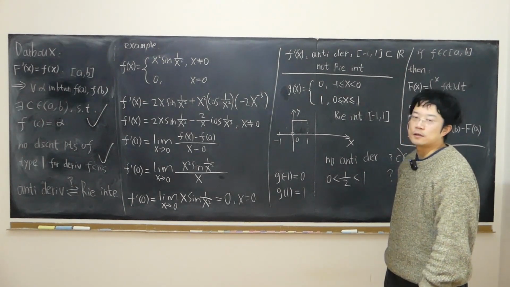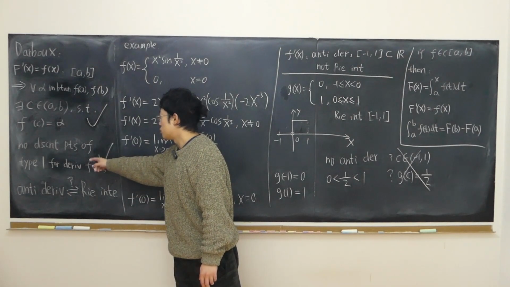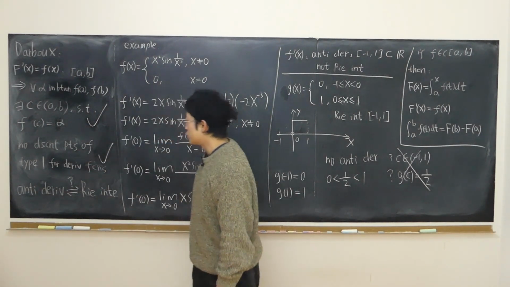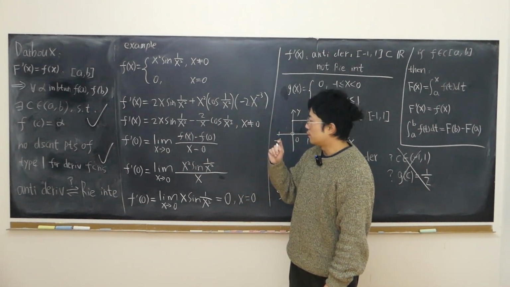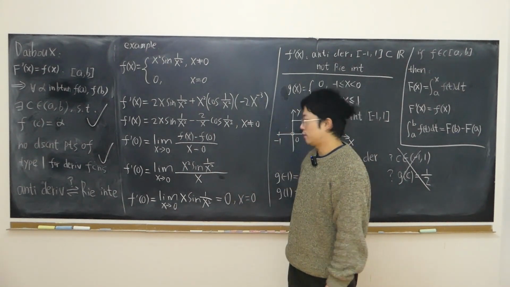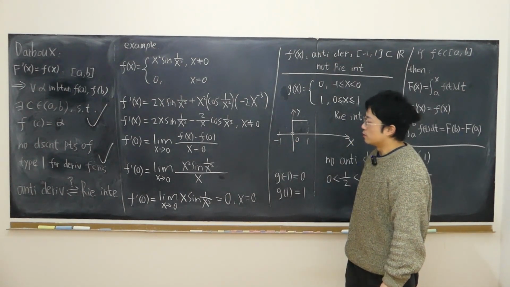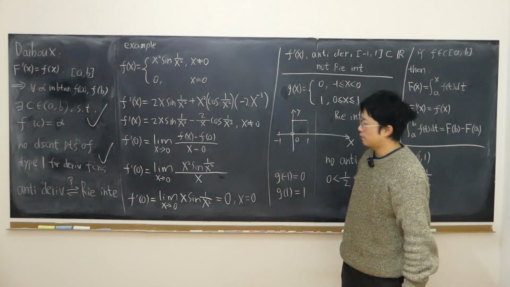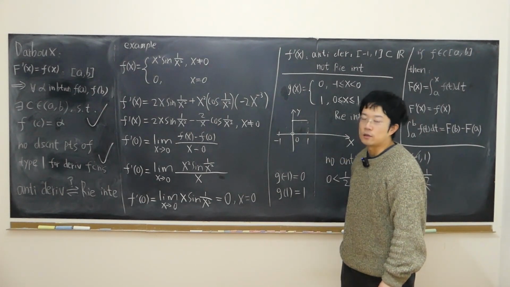We can also see that through the second part of the theorem, which says any derivative function cannot have discontinuous points of type 1. A jumping discontinuous point is also type 1. So it cannot be a derivative function.